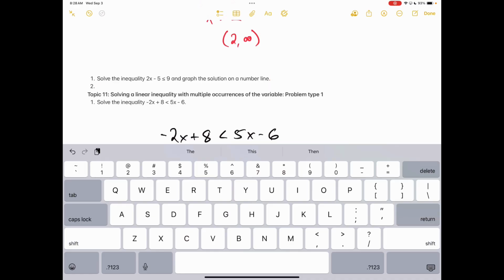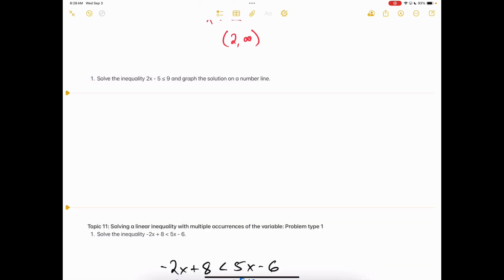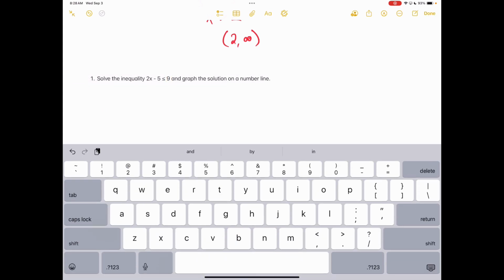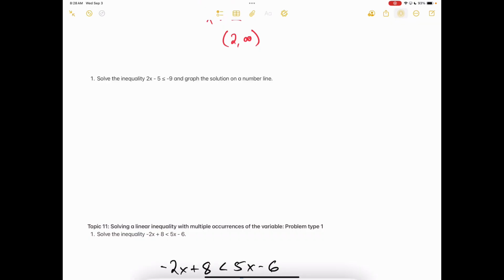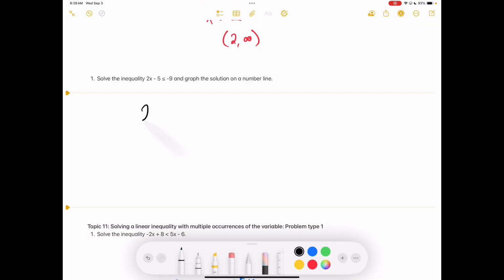Sorry, I'm going back up here for just a second because of a common mistake. And I don't need a hard problem to show that. Let's change this. So on this one, you add 5 to both sides and you get -4.